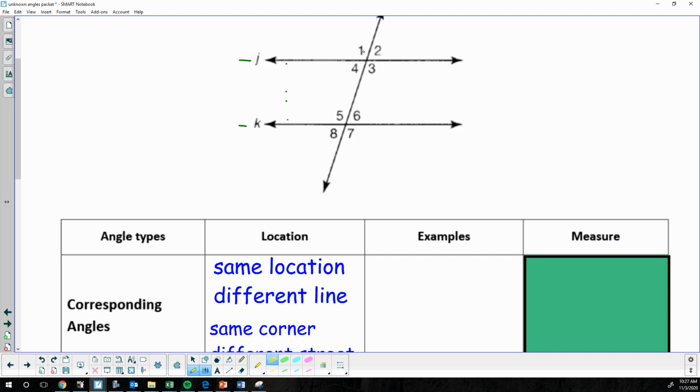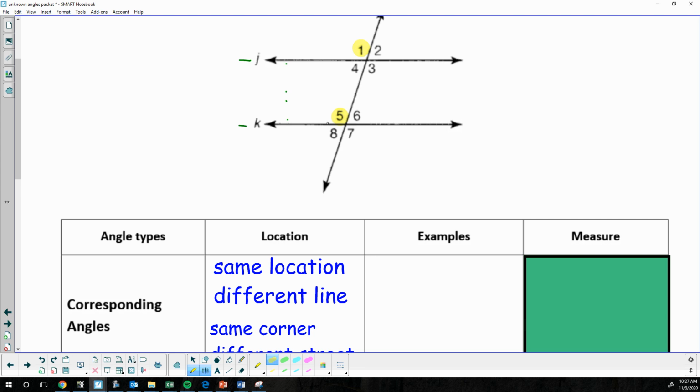For example, angle 1 is on line J, or J street, and it is in the upper left-hand corner. The corresponding angle would be moving down to line K, or K street, and picking the angle that's in the upper left-hand corner. That's why it's the same location, just on a different line.